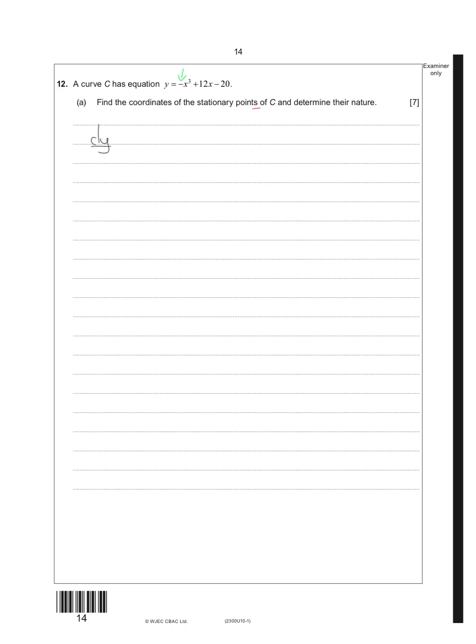So dy by dx, the gradient function, I'm going to have minus 3x squared plus 12. At stationary points, I know that dy by dx is equal to 0.